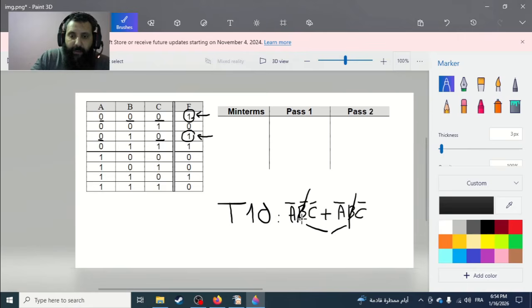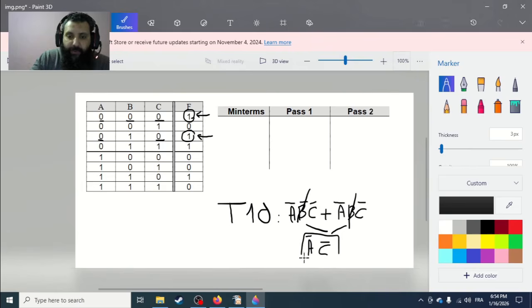It's B. It's B bar here, and it becomes B. The others are the same. A bar doesn't change. It's not eliminated. B is eliminated. C bar was not eliminated.